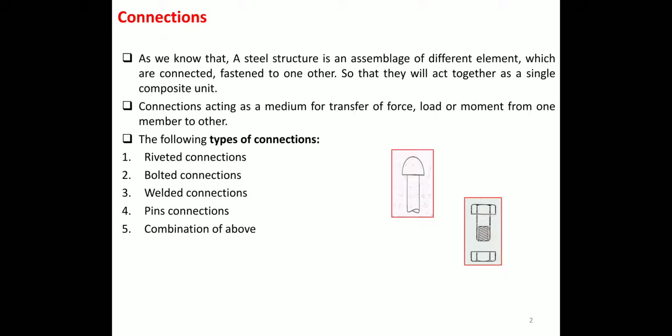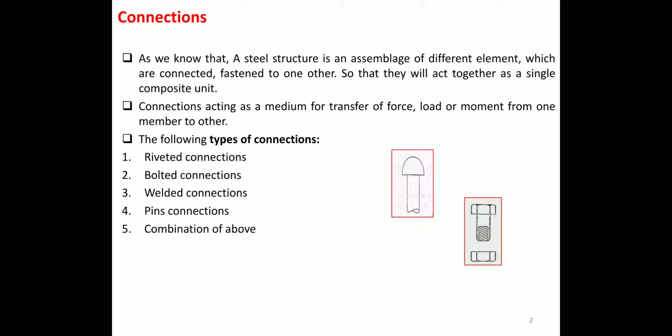That assembly is called a connection, so that they act together as a single composite unit or member. It acts as a medium for transfer of force, load or moment from one member to another member.